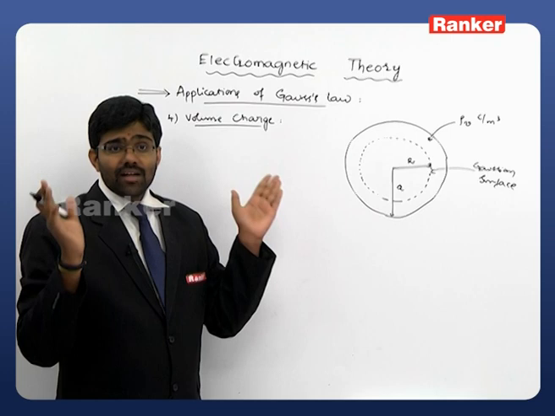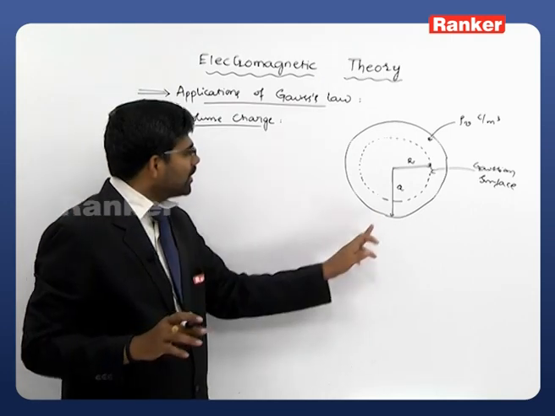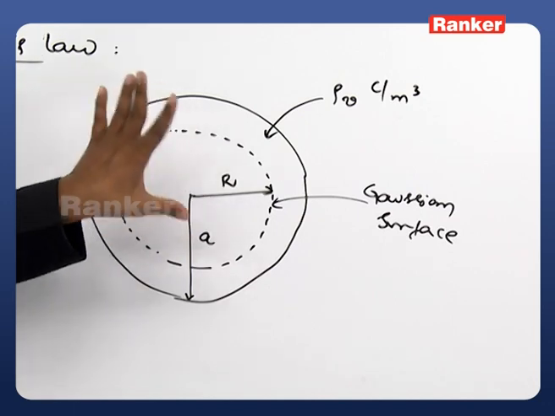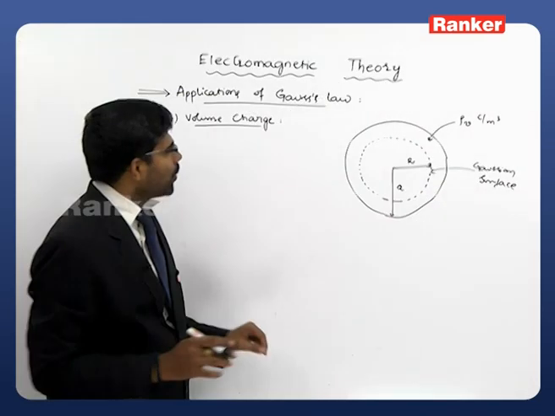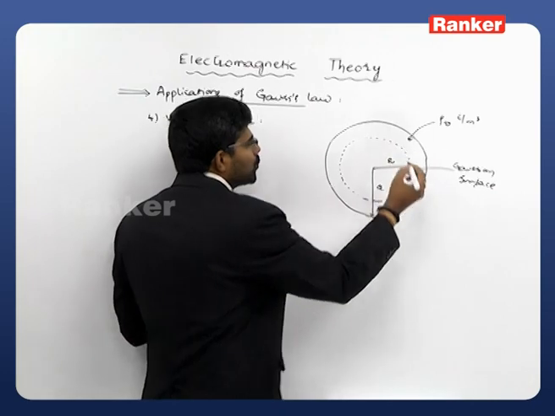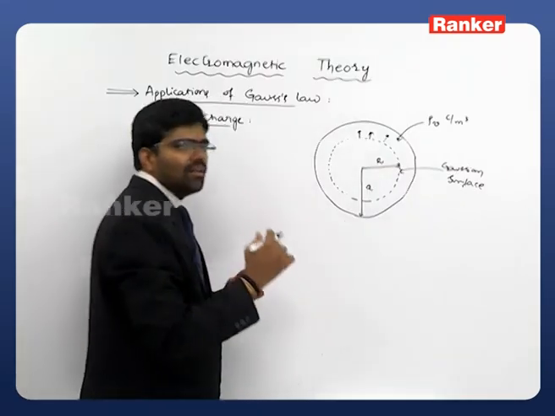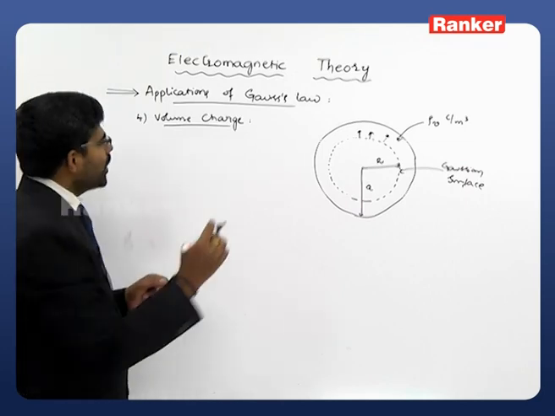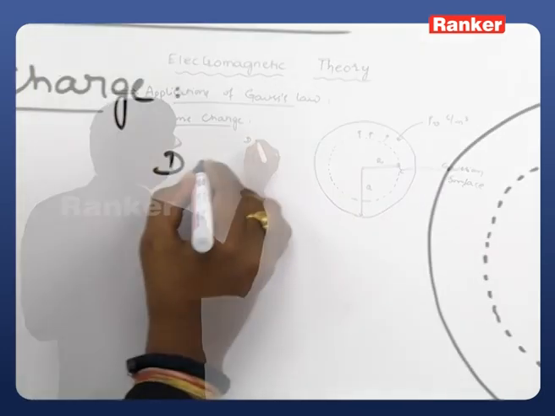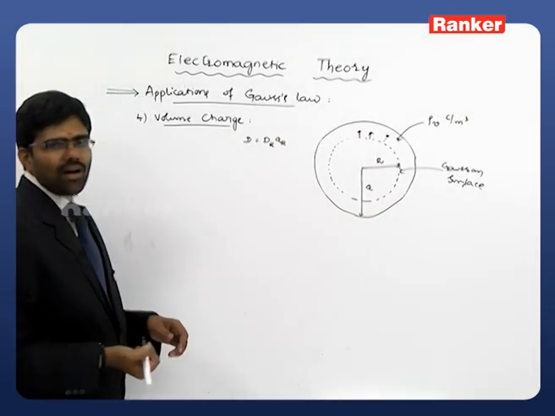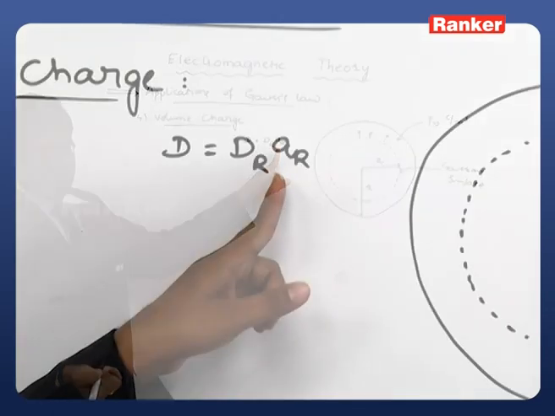While calculating the charge, if it is necessary, take the charge; otherwise, within this one just calculate how much charge is there, nothing more than that. Now calculate the total flux leaving through this one. From our observation, the flux leaving through this one is always in the radial direction. So clearly you can write the flux density D equals D_r in the direction of a_r.